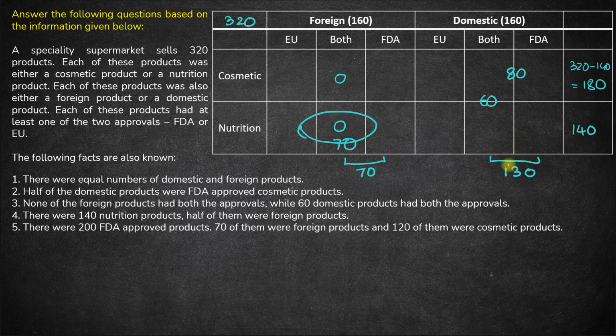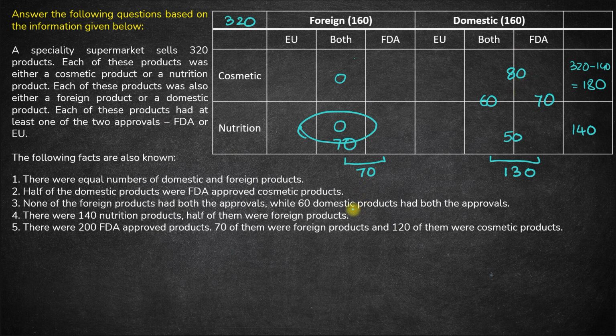If all these four blocks combined are 130 and the sum of these two blocks is 60, the sum of these two blocks must be 130 minus 60, which is 70. And if this total is 130 and these two blocks combined are 80, these two blocks combined must be 130 minus 80, which is 50.